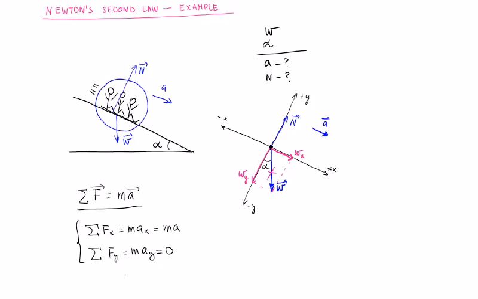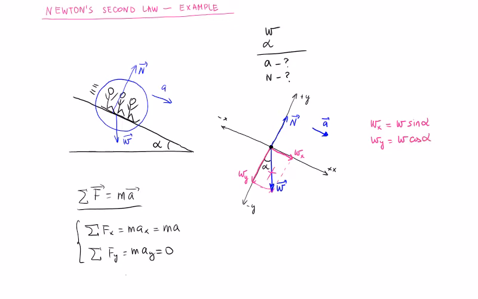As you can see, weight x is opposite to the angle alpha. So weight x equals weight times sine alpha, and weight y equals weight times cosine alpha.